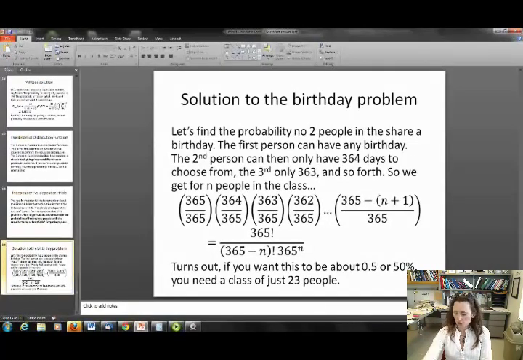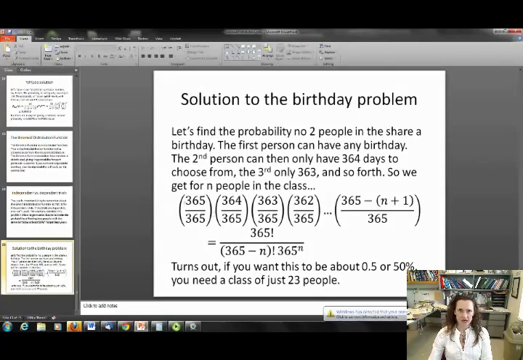Okay, so if you start going around and asking the people, the very first person can have any birthday because nobody else has talked yet, okay? But then the second person that talks, if they're not going to have the same birthday as the first person, they only have 364 choices. And then the third person only has 363 choices, and so on and so forth. So what you get is a function that looks like this.